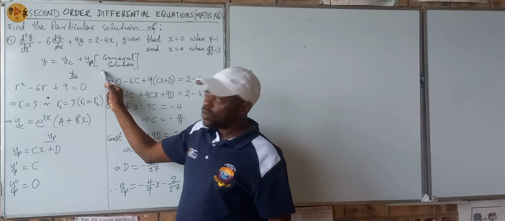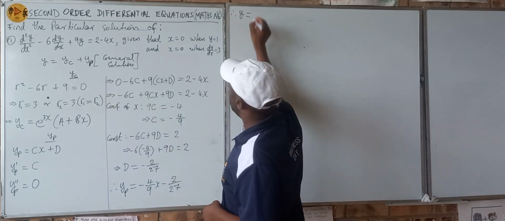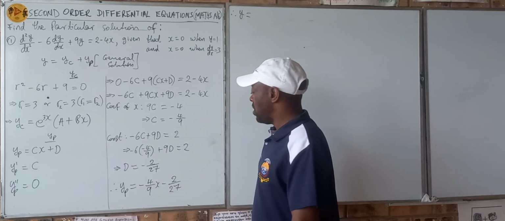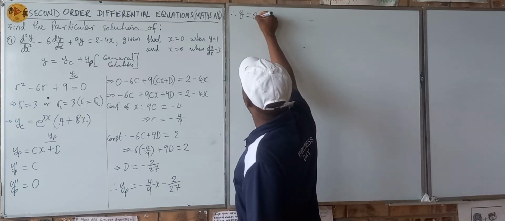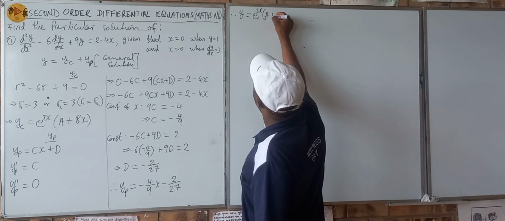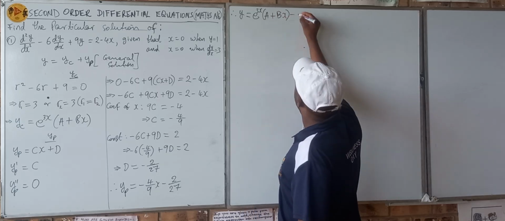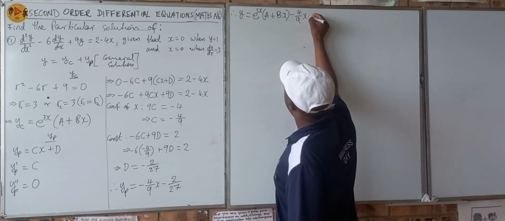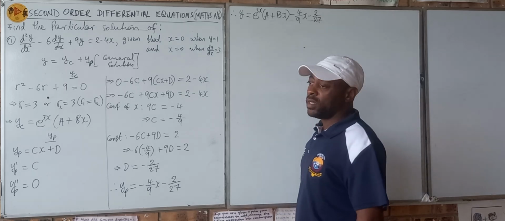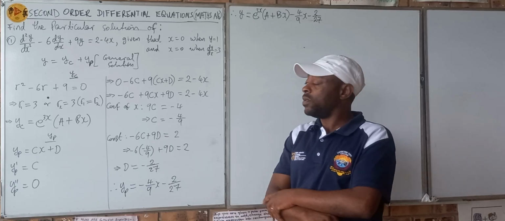So that means we know the general solution. So therefore, we can pull the two together, our yc and our yp, to create our general solution. So we've got e to the power 3x in bracket a plus bx, then minus 4 over 9x minus 2 on 27. So that is our general solution.